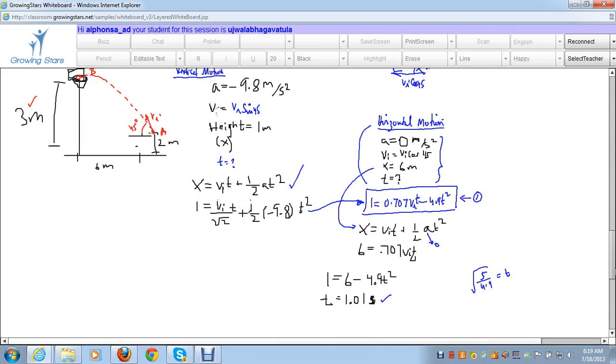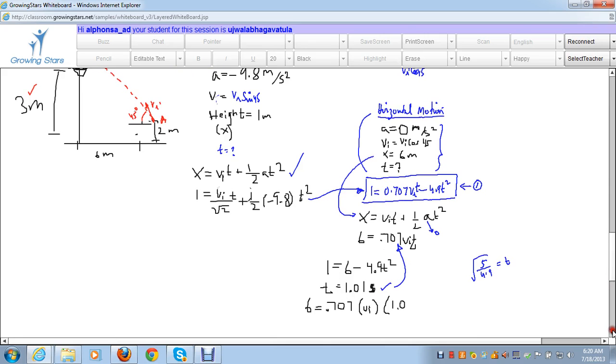They are asking for the initial velocity. So we have to plug in and get it in this equation, isn't it? We can plug in here itself and get VI. We want VI now. T is 1.01. Correct.